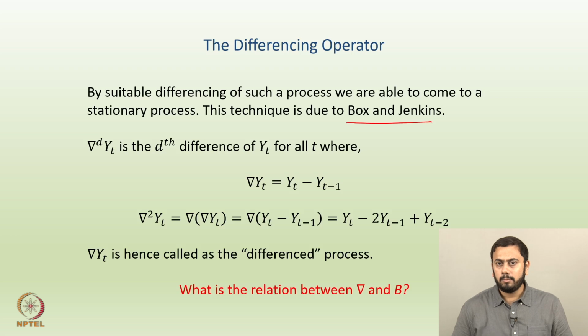One small point to note is that Box and Jenkins gave us a lot of different ideas, for example the differencing operator, and they also have their own methodology by which one can analyze a practical time series data set: how do you convert non-stationary to stationary, how do you model any practical time series process, and so on and so forth.